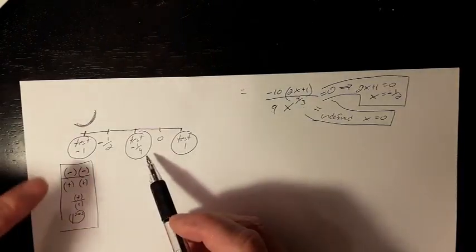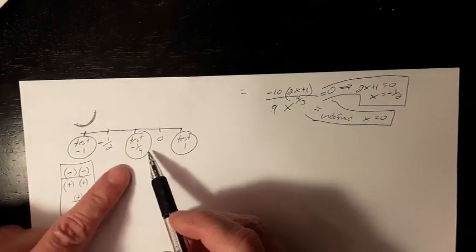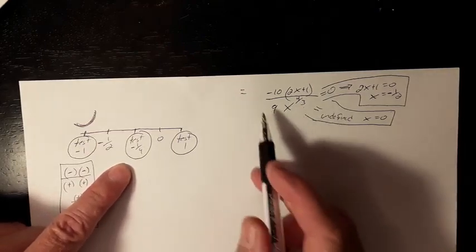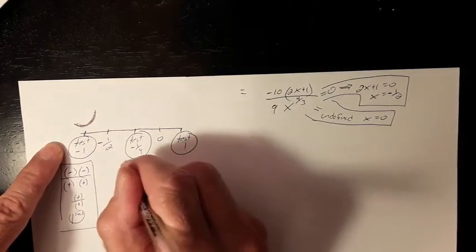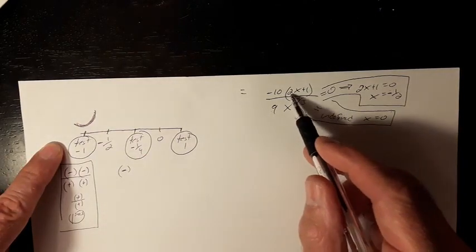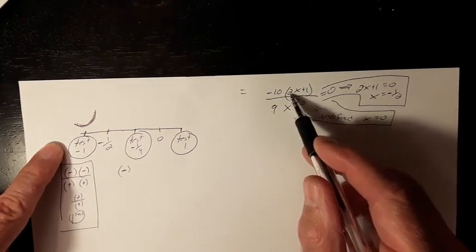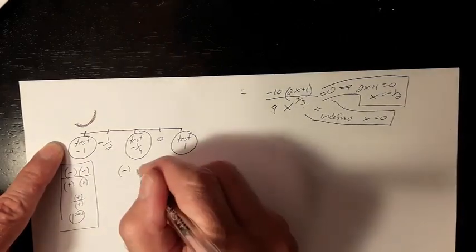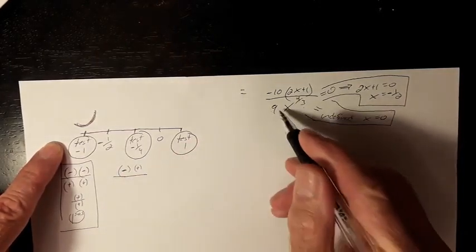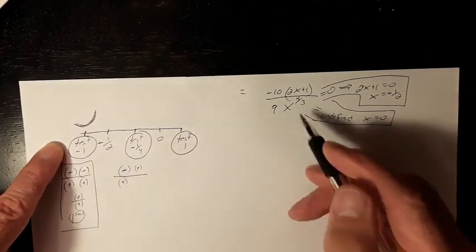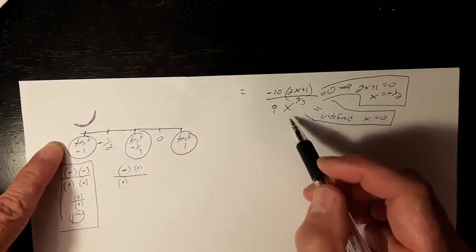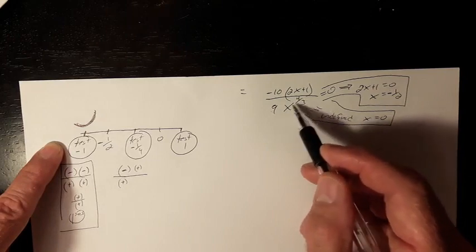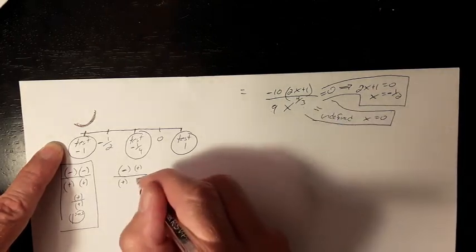So now on to this next test value right here, negative 1/4. Negative 10, that's negative. 2 times negative 1/4 is negative 2/4, otherwise known as negative 1/2. Negative 1/2 plus 1 is positive. The 9 is positive. And now I'm taking a negative number to a 4th power, which is positive, and the third root of a positive number is positive.